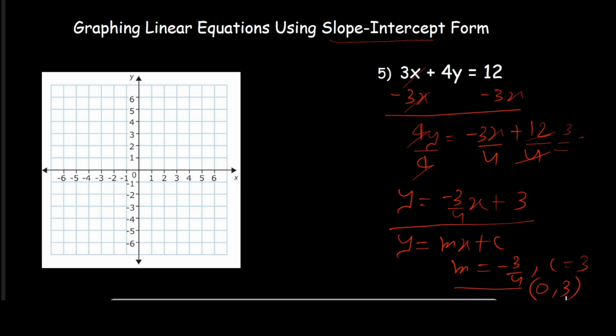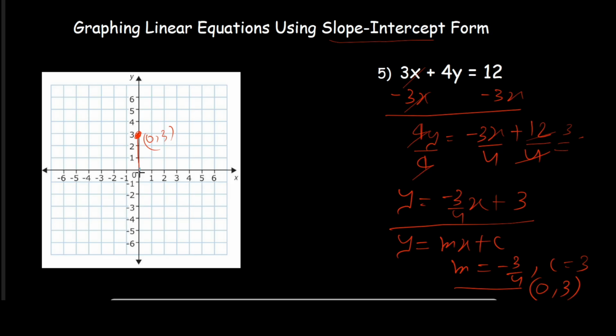Now let's plot this point, which is the y-intercept 0 comma 3. Now plot another point from this point using the slope. So we have rise is negative 3, so we have to go down from this point 3 units. We reach here, the origin, and we have 4 as the run.